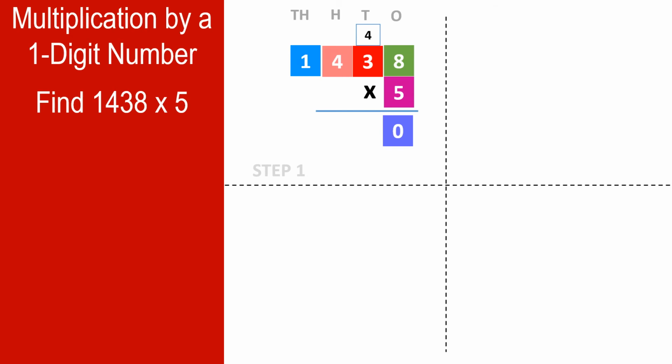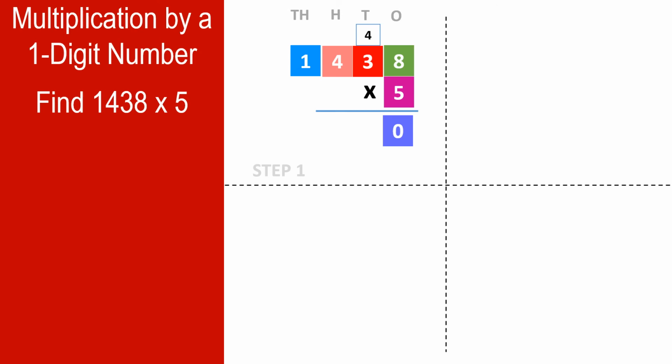So there is step 1. First, what Guruma has done? Guruma has written the numbers under the places. Ones, tens, hundreds and thousands, right? And we are going to multiply it with 5. So in the first we will take the ones place. 5 multiply by 8, or we can say 5 eights are 40.